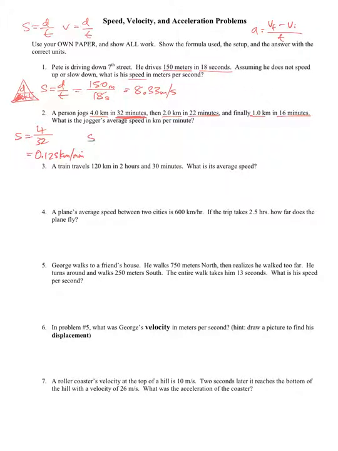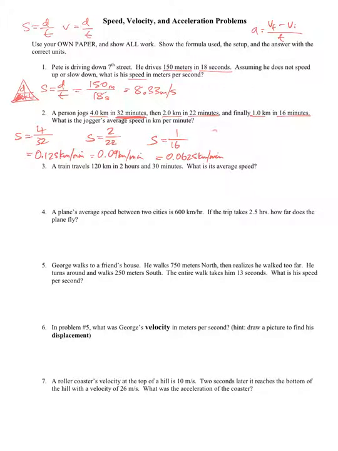The second speed was 2 kilometers in 22 minutes. And if you use your calculator, that comes to 0.09 kilometers per minute. And the last one was 1 in 16 minutes, and that comes to 0.0625 kilometers per minute.